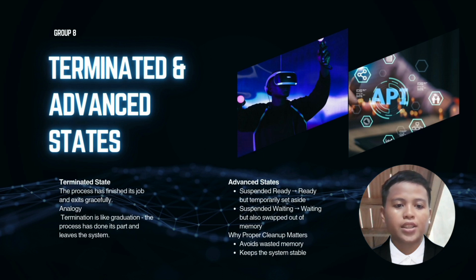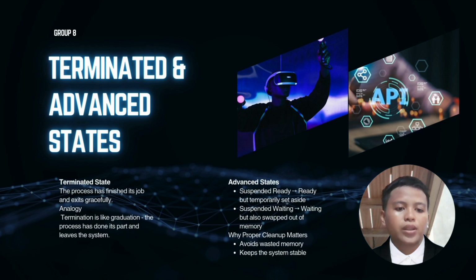Let's finish up with the terminated and advanced states. The terminated state is when a process has done its job and exits. It's like a graduation, it's done. Then there are advanced states.